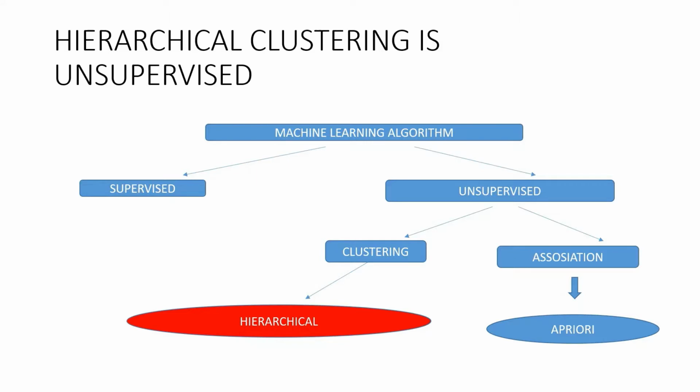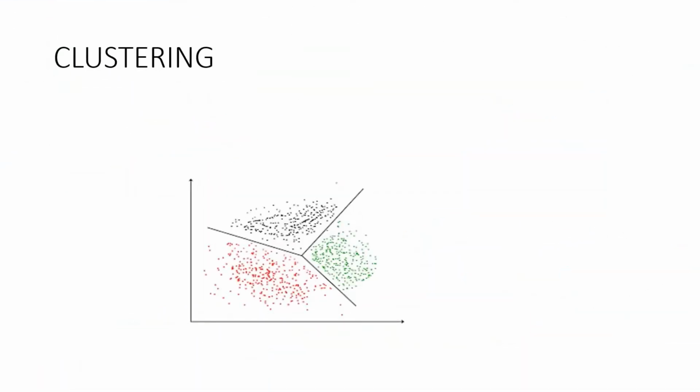Next is the theory of hierarchical clustering. There are two types of hierarchical clustering, agglomerative and divisive.